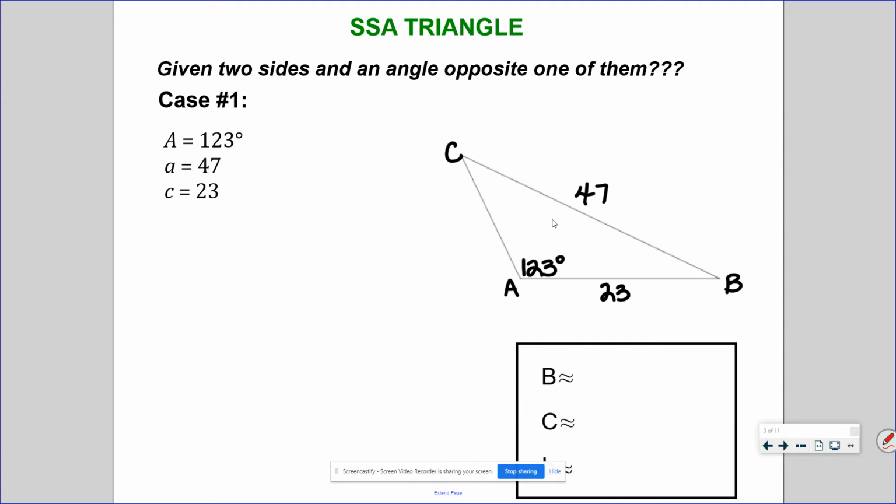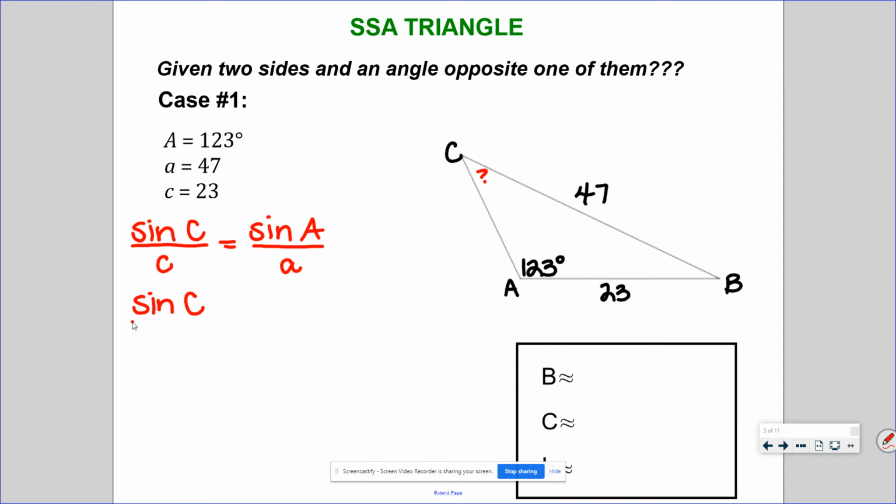The first thing that I think I'm going to do is find angle C. So we're going to find this thing here. I need sine C over C to find that missing C value. And then I do know A and its corresponding side length, so I'll go sine A over A as the second ratio.